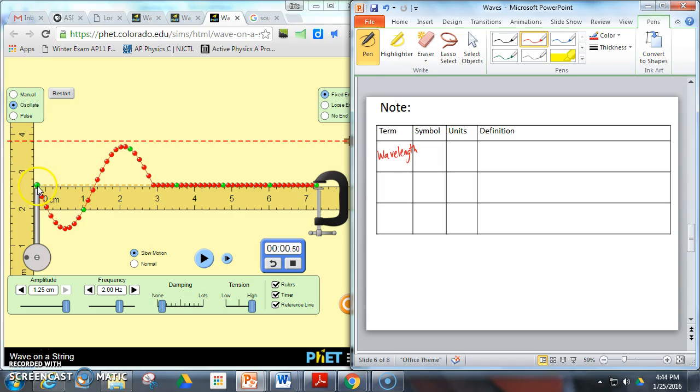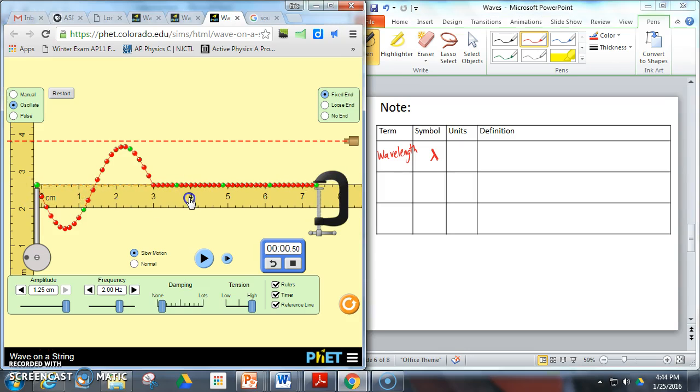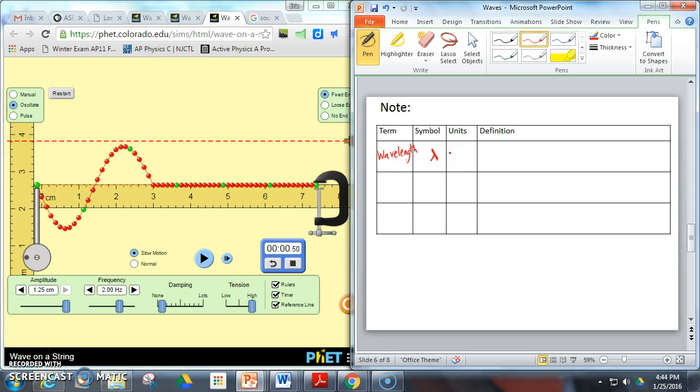Wavelength is the distance it takes for one complete cycle to occur. So the symbol looks like this. The units, well, it's a distance, so in this case it's going to be about 3 centimeters. So the units for that are going to be centimeters or meters.